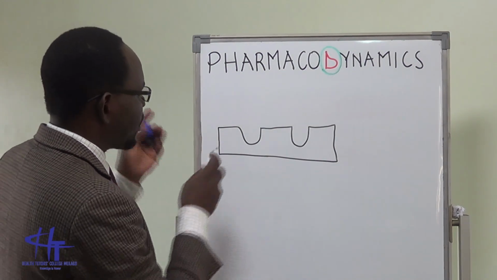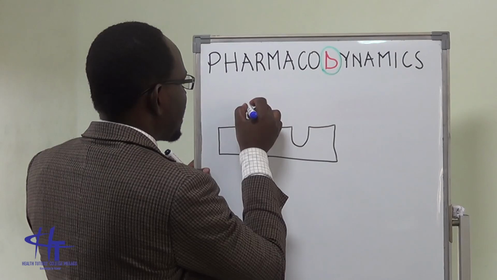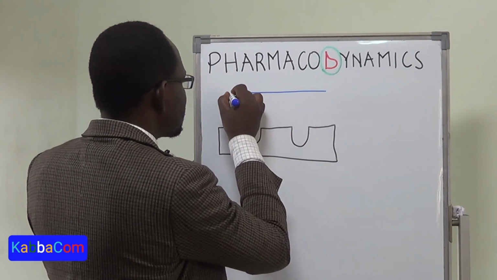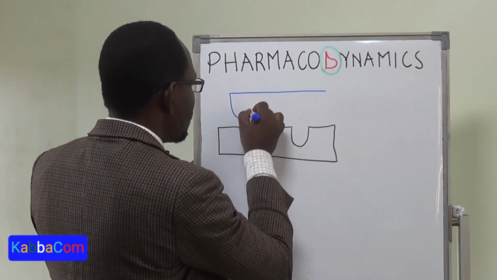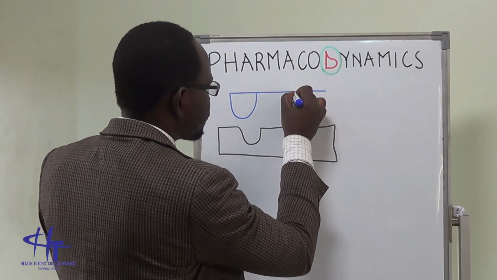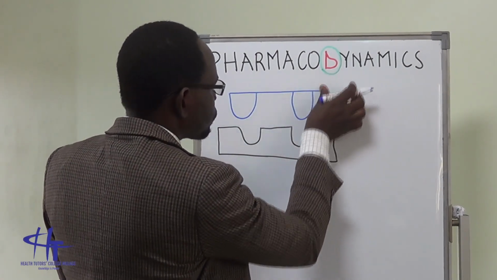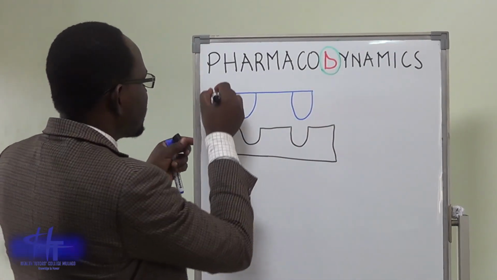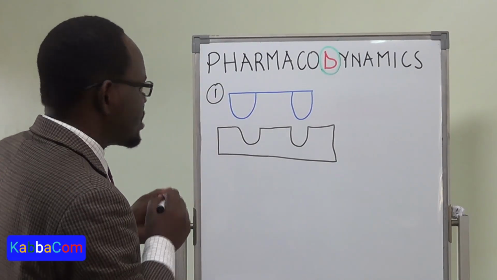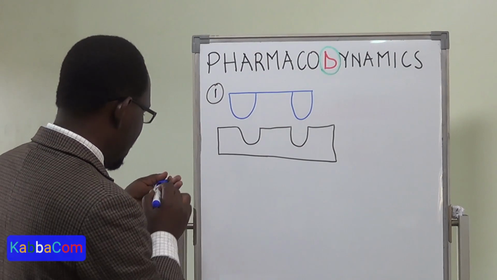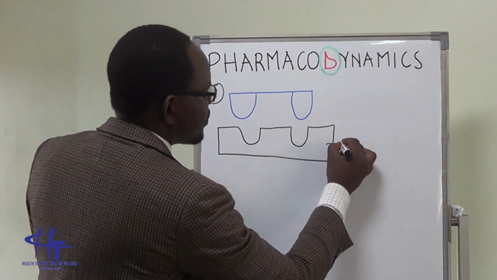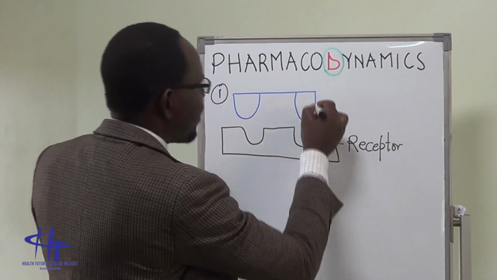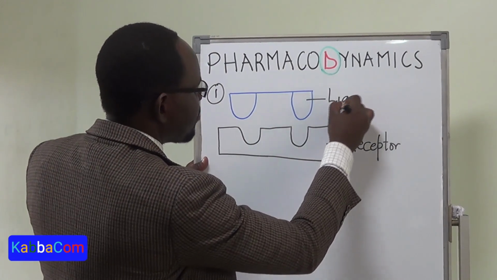And then you have an agonist, or a ligand, which is basically like this. So you have a ligand like that. That is scenario one. And then in another scenario, remember we said this is a receptor, and then this is our ligand, or the drug for that matter.